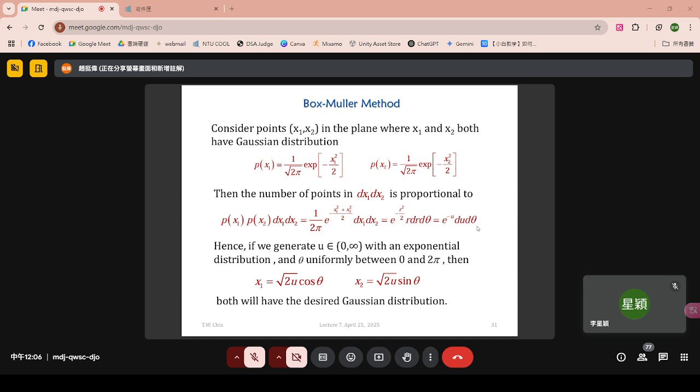One is to generate the exponential distribution of u, and then theta is uniformly distributed from 0 to 2 pi. With u and theta, you can obtain x1 and x2, and both satisfy the Gaussian distribution. So this is called the Box-Muller method.